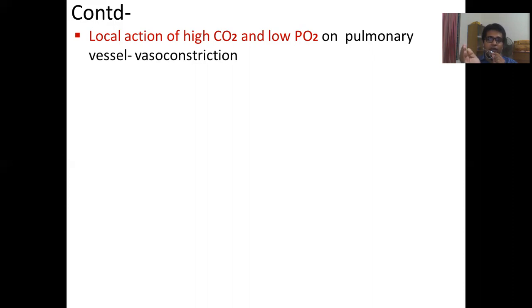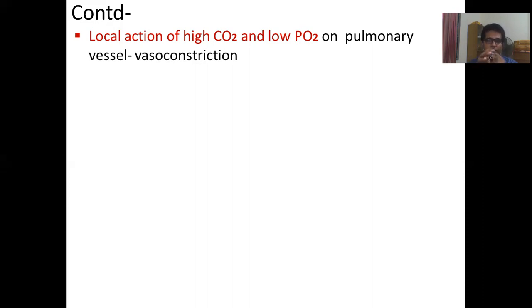That will prevent the efflux of potassium. This results in depolarization of the cell, and that will allow the opening of the calcium channel, and due to the entry of calcium into the cell, this calcium causes contraction of the smooth muscle and thereby causes vasoconstriction.